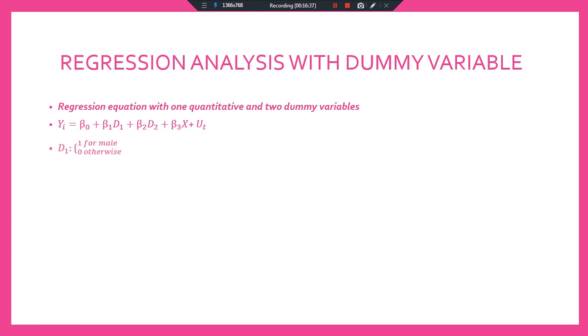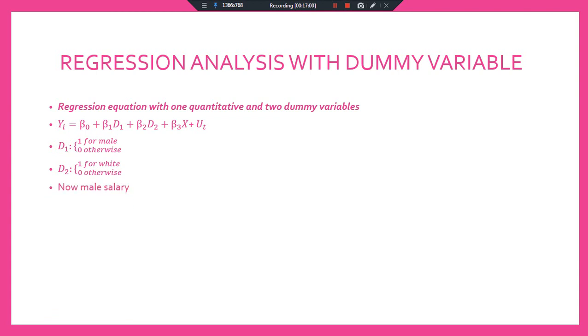So let's introduce the first dummy variable. Like here we have 1 for male and 0 otherwise, and the second dummy variable is 1 for white and 0 otherwise. We are finding the salary of a white male or female, or black male or female, like that.